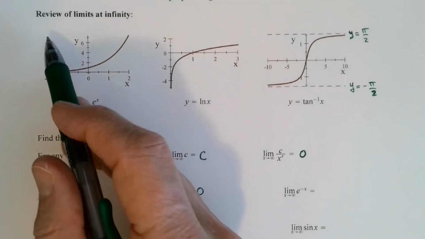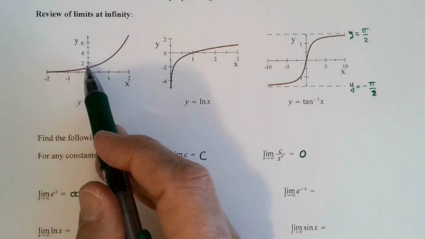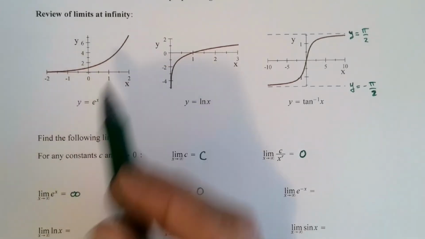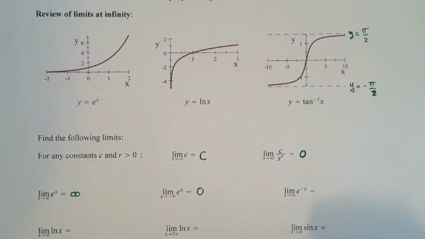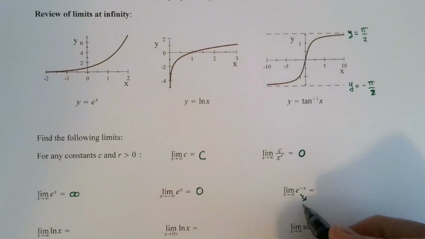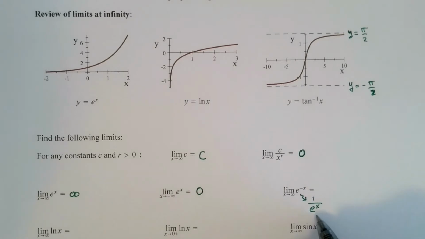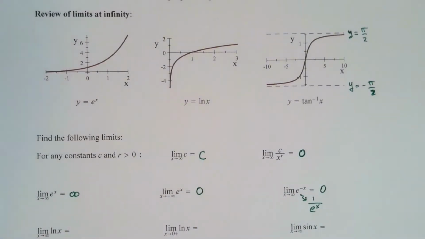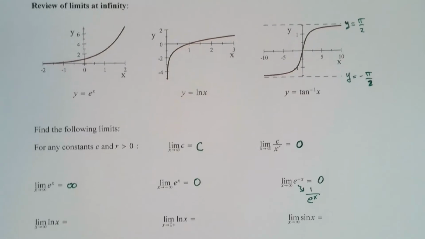So if I do a reflection in the y-axis, then I can graph y equals e to the negative x. Or another way of thinking about it, of course, e to the negative x is just 1 divided by e to the x. And if e to the x is going to infinity as x goes to infinity, 1 over e to the x is going to 0 as x goes to infinity. So a couple ways of thinking about that.